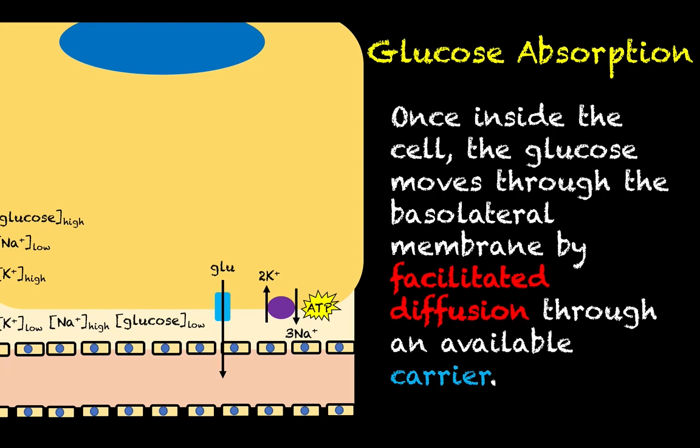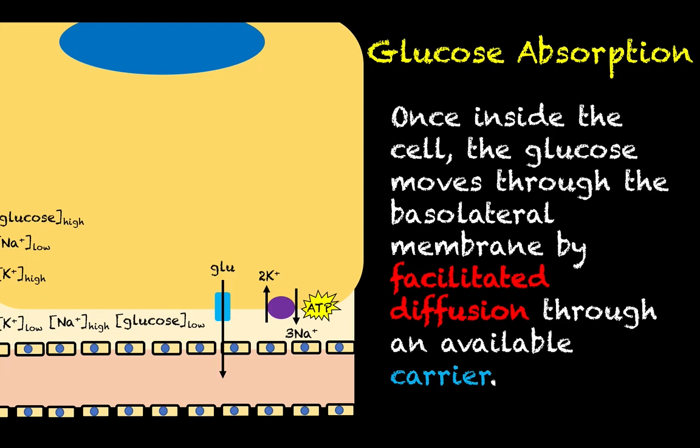Remember though, glucose has to move by facilitated diffusion and not simple diffusion because of glucose's polarity. So there absolutely has to be a carrier available to allow glucose to cross through the basolateral membrane.